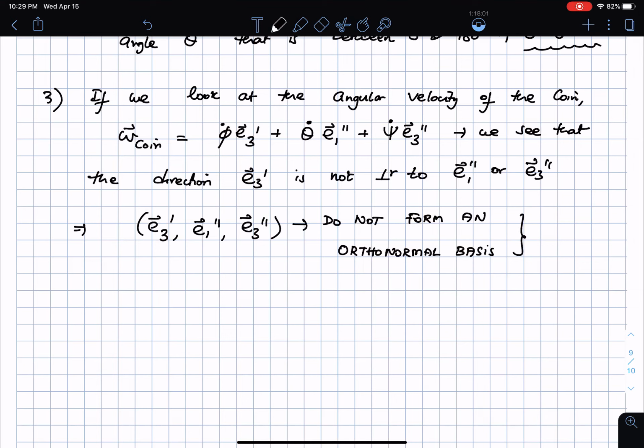That is, they are not going to be perpendicular to each other. The dot product between E3 prime and E1 double prime is not going to be 0.